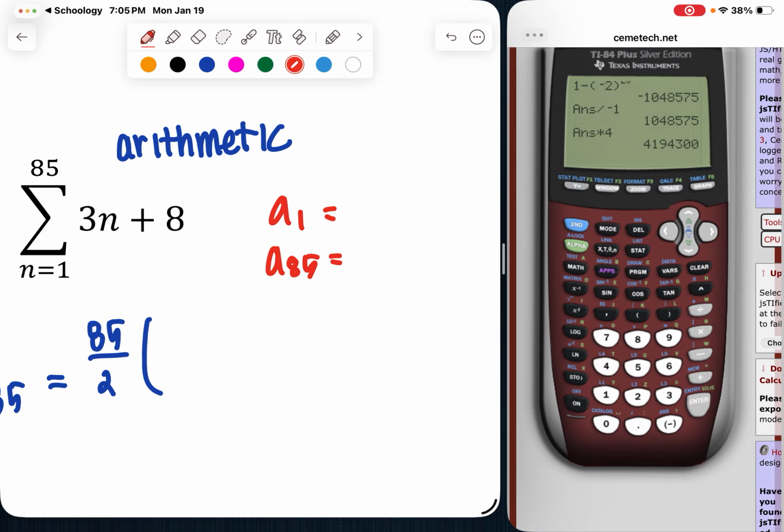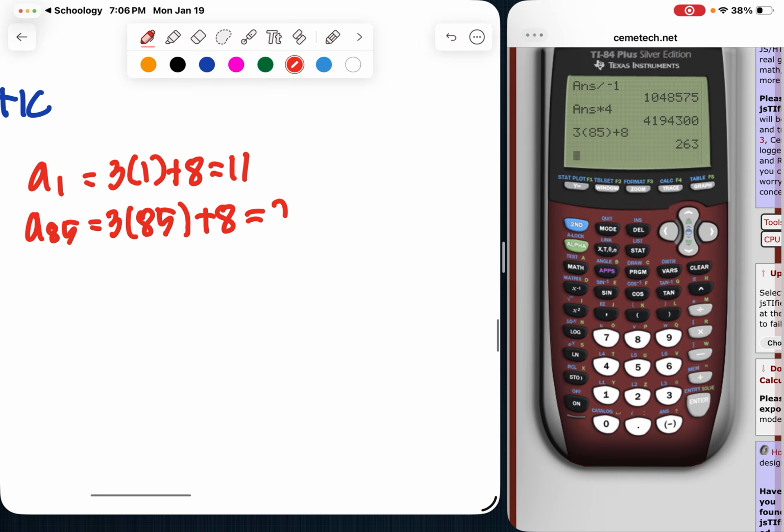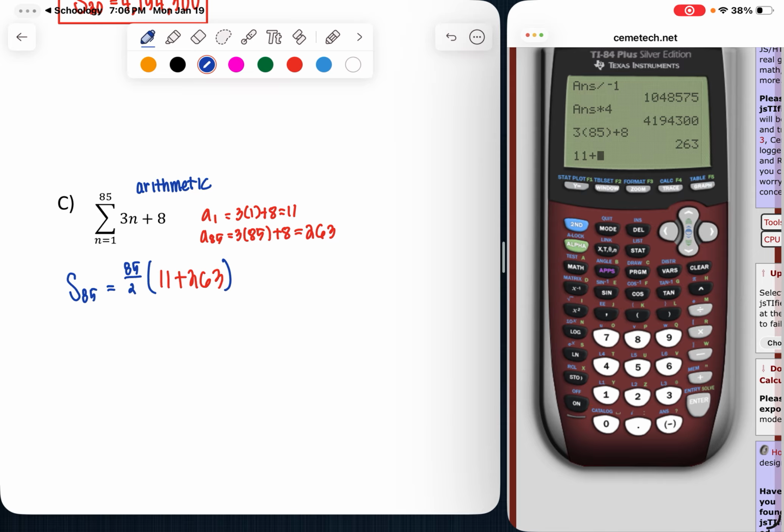All right, a sub 1 is 3 times 1 plus 8, which is 11. And then a sub 85 is 3 times 85 plus 8, which is 263. 11 plus 263. So notice if you know these formulas, I go through these very quickly. It's because I know my formulas. I know what to do. I know what to use.